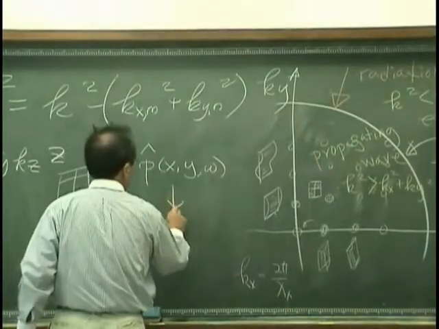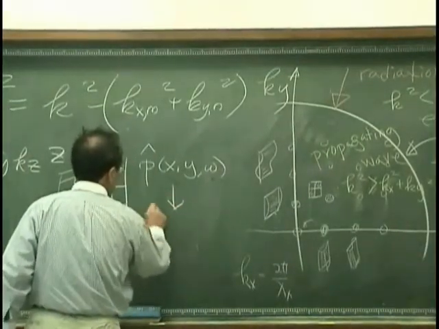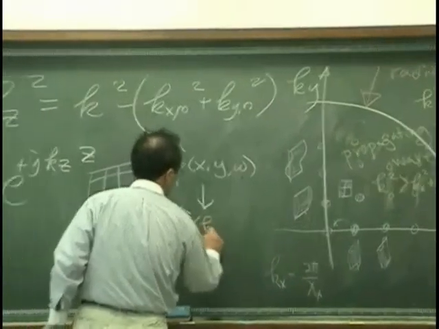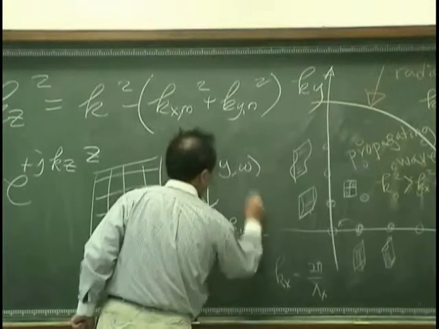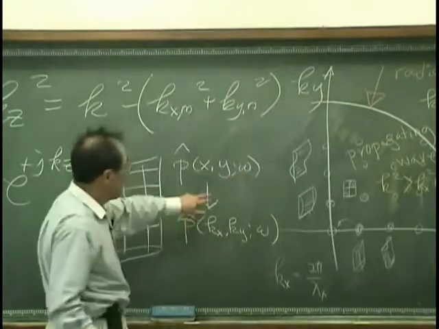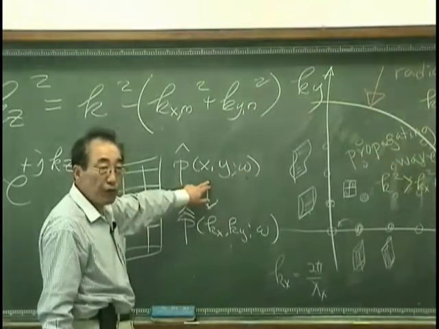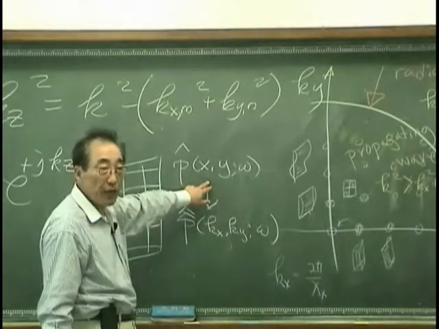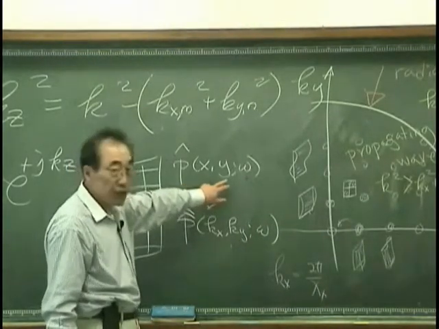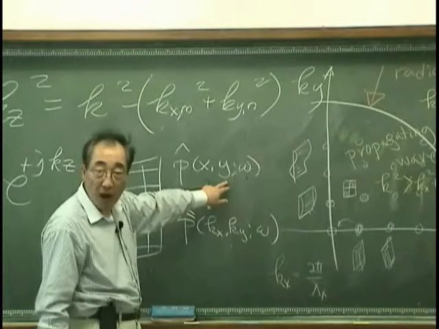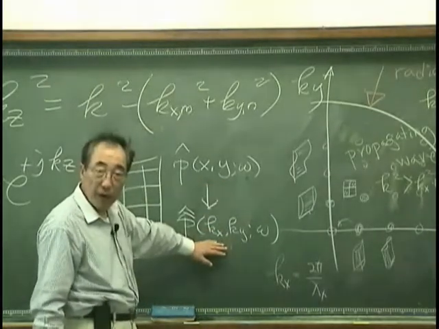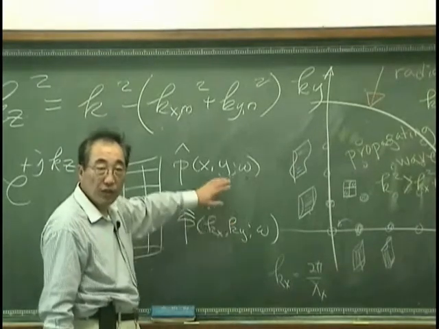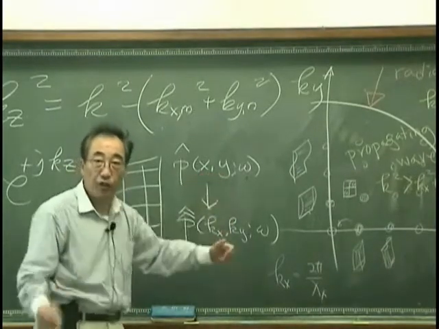And then you convert this to the wave number domain. Meaning that you are taking the Fourier transform with respect to x and the Fourier transform with respect to y, twice. That is the wave number domain expression of this sound at this frequency.